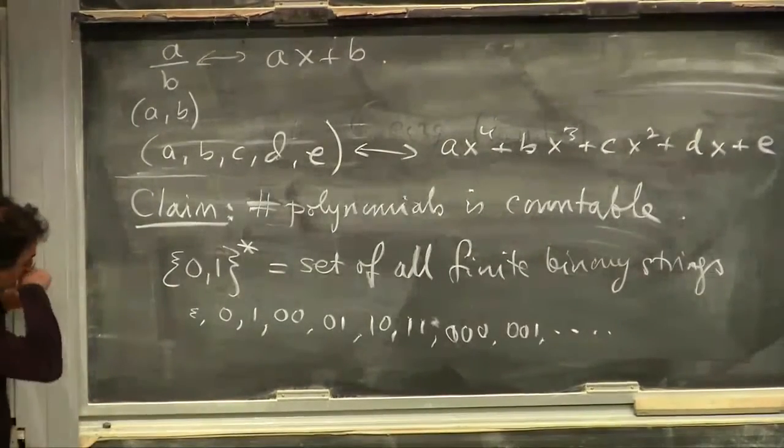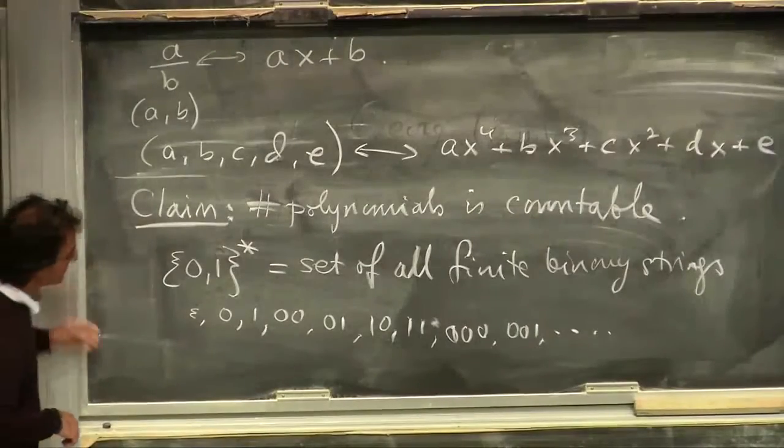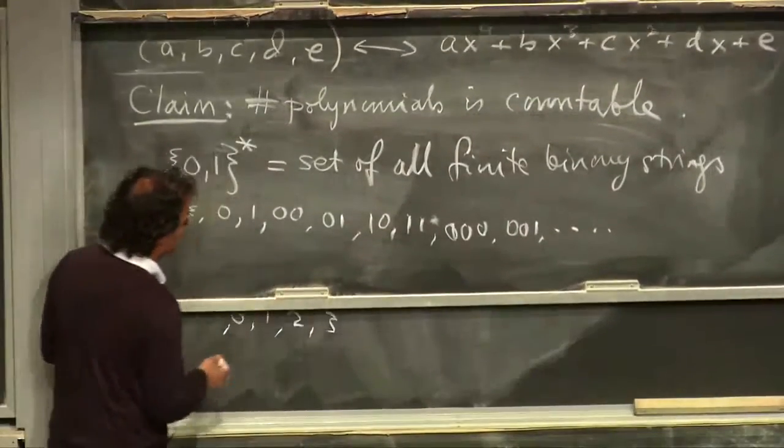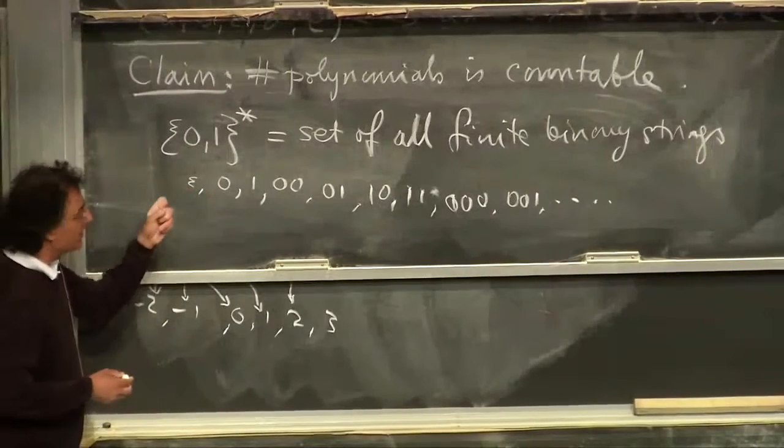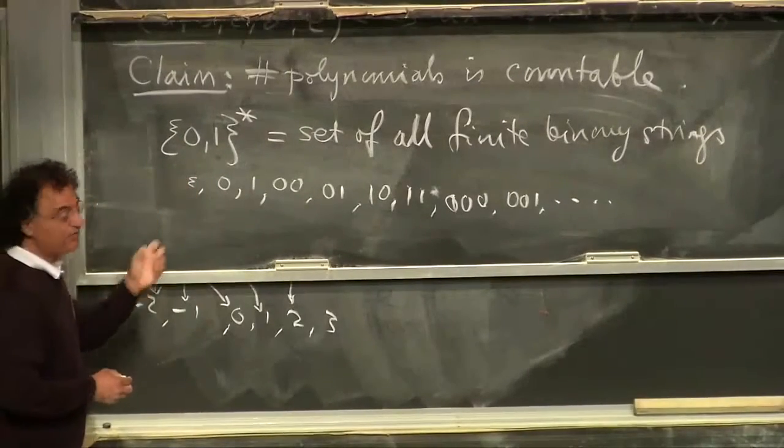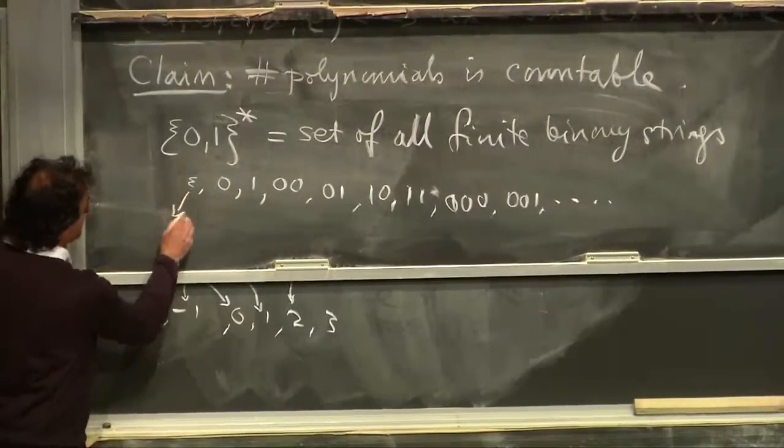Well, what we could do is take each of these and put a 1 in front. If you take the empty string and put a 1 in front, you get 1.